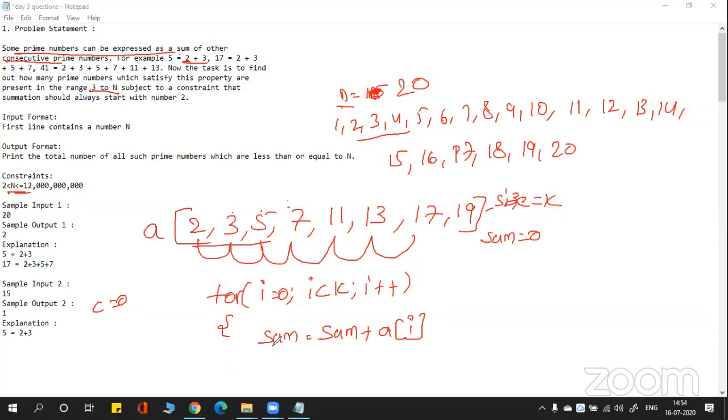Every time I will be adding a new number to this sum. For example, the first time my sum will be 2.